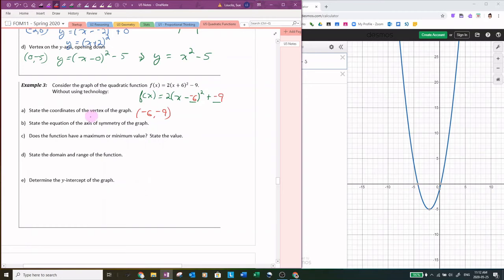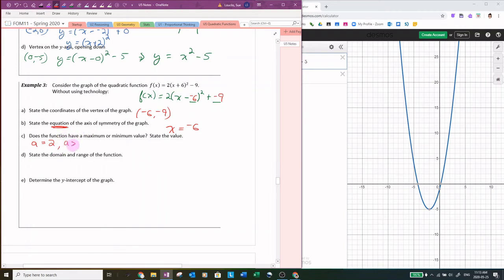The equation of the axis of symmetry. Remember, this is an equation, and the axis of symmetry goes through the x value of the vertex. So this is going to be x equals -6. Does it have a maximum value or a minimum value? Well, a equals 2.